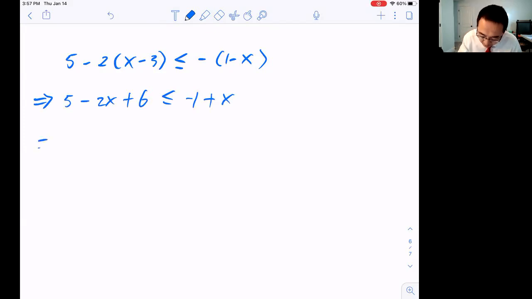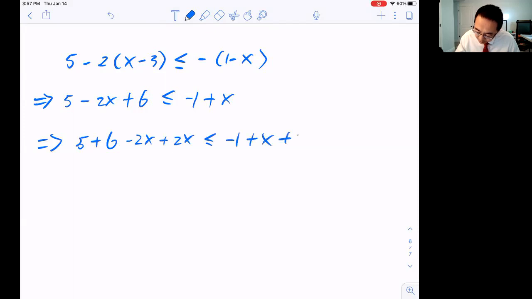So this is 5 plus 6, then you add 2x on both sides, right? Because you can do negative 2x plus 2x less than or equal to negative 1 plus x plus 2x, right?